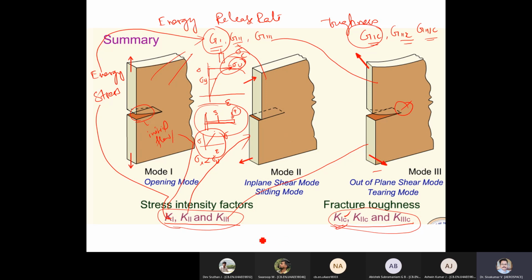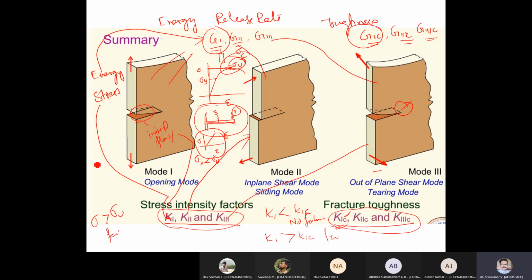So when will a failure come, or when will it not come? If K1 is less than K1C, then no failure. If K1 is greater than K1C, failure. Here you are saying sigma is greater than sigma u, failure.